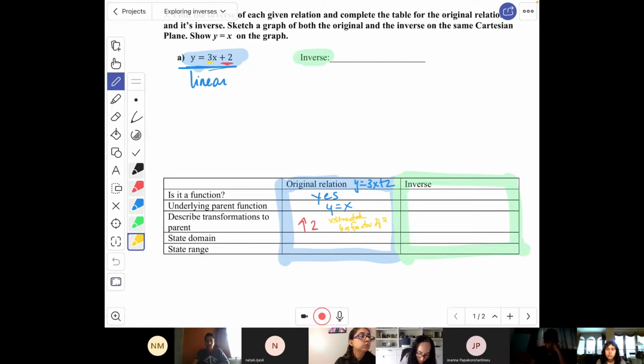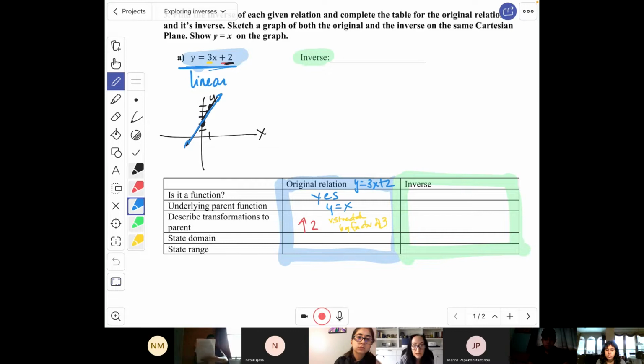Now, if I were to graph this y equals 3x plus 2, I know it has a y-intercept of (0, 2) because of that. From there, I could go up 3 and over 1, and I could graph my original function. That's the graph of y equals 3x plus 2.